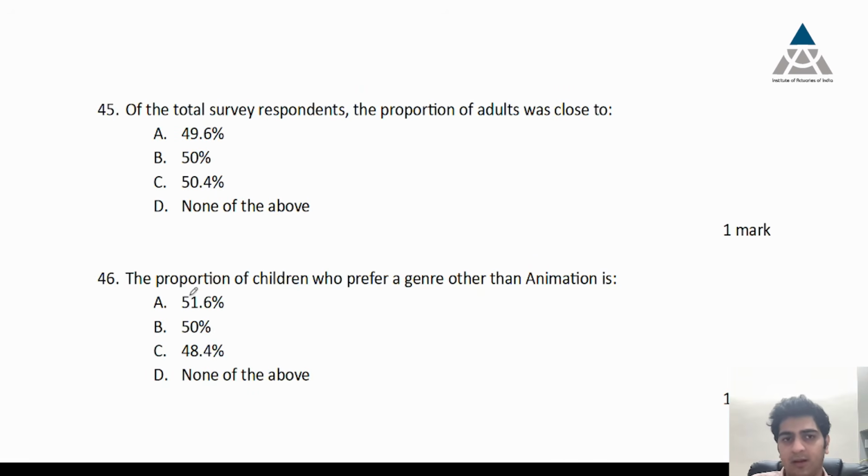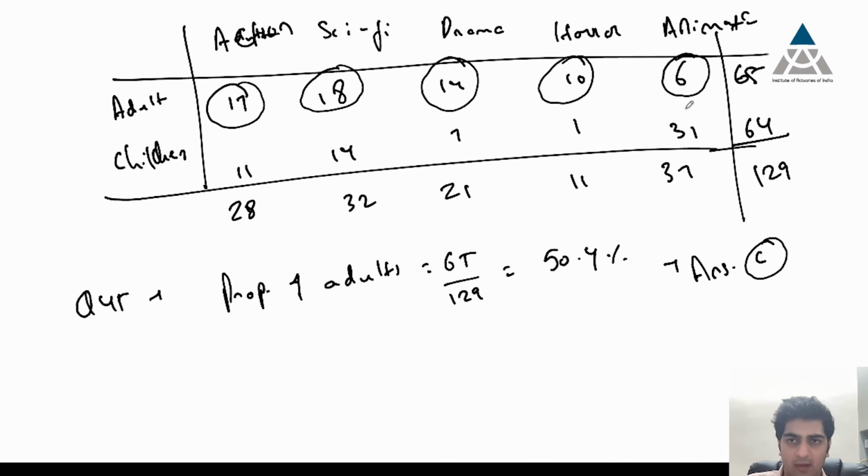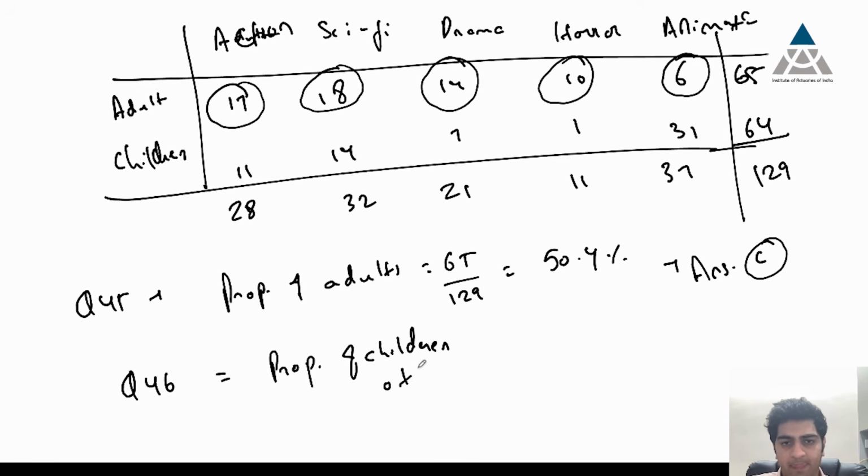Let's move to the next question. The proportion of children who prefer a genre other than animation. You can clearly see there are a total of 64 children and 31 of those prefer animation. So simply what you need to find is the proportion of children other than animation, which is obviously 1 minus those who prefer animation, correct?